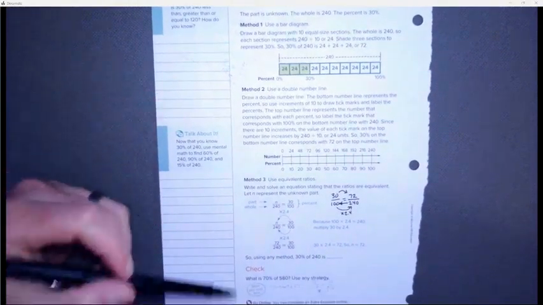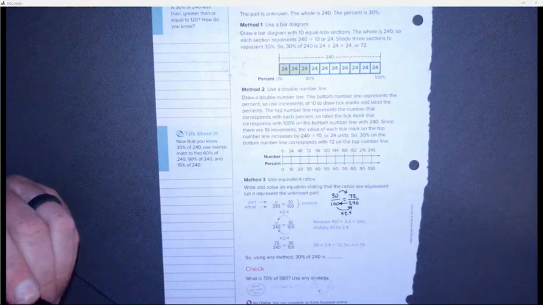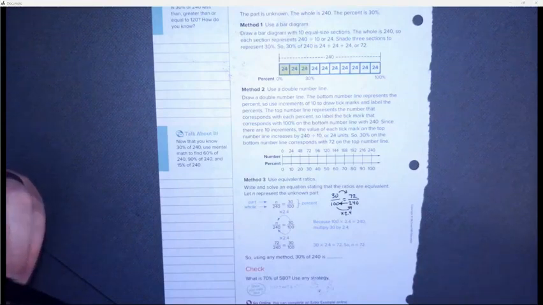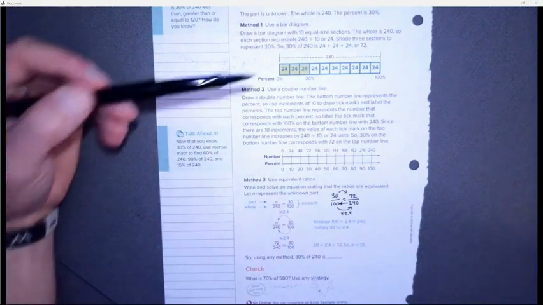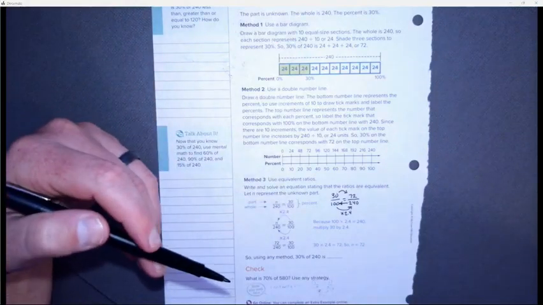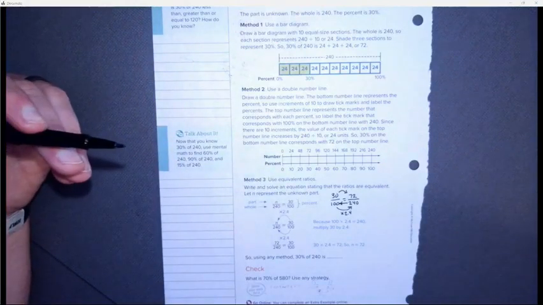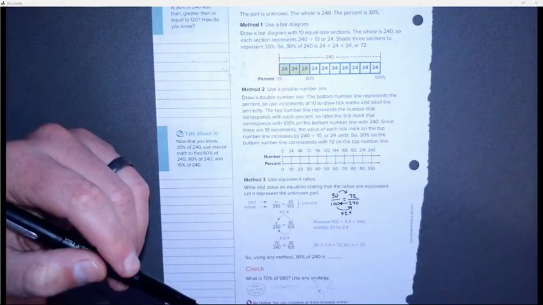The bottom of the page in the check problem, it asks us what is 70% of 580, and it tells us to use any strategy we want. So anything you've learned so far, whether it be the bar method or the equivalent ratios, the ratio tables, or if you like the double number line, use whatever you like.